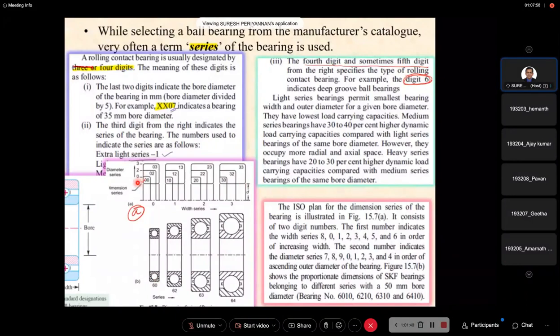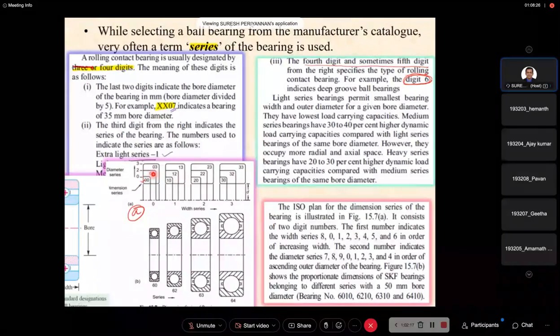Now, the vertical axis is our diameter series. In the diameter series, we are taking the second digit of these two numbers. See, this is 0, 2, 3. Now, the diameter of the bearing. Here in width series 1, the diameters are 0, 2, 3. In this case, the diameters are the same because see here, this 0, 0, 0, 0.